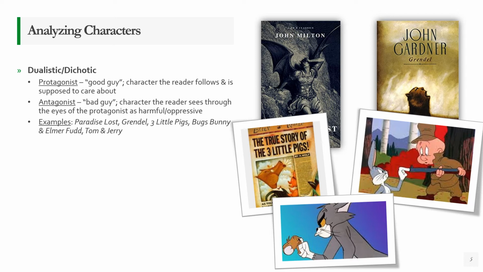Okay, and so it just kind of goes back and forth with each cartoon, right? Kind of keeps it up in the air and keeps the viewer guessing. So that's one way we typically tend to think about it, in this dualistic, dichotic way, okay? Who is the good guy and who is the bad guy? But as you see, it's not always that easy.